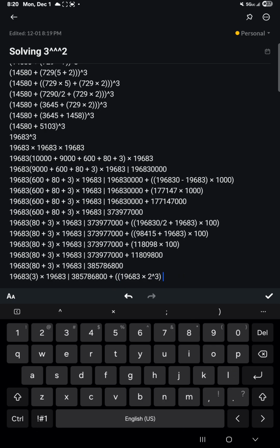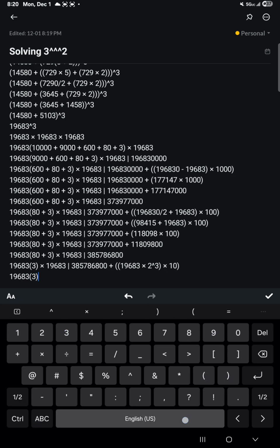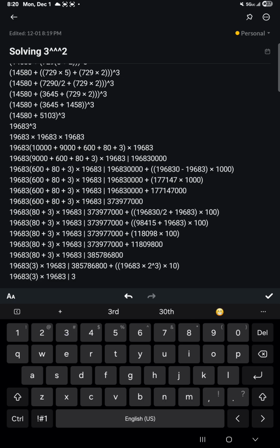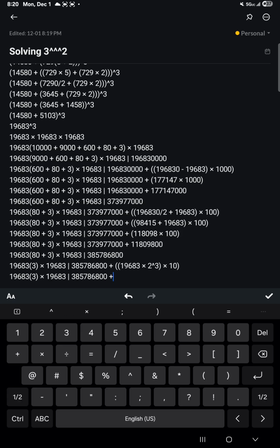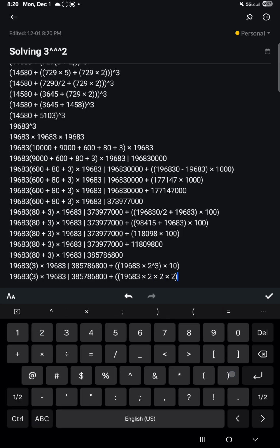Then I'll multiply it by 10. So let's rewrite 2 to the power 3 as 2 times 2 times 2.